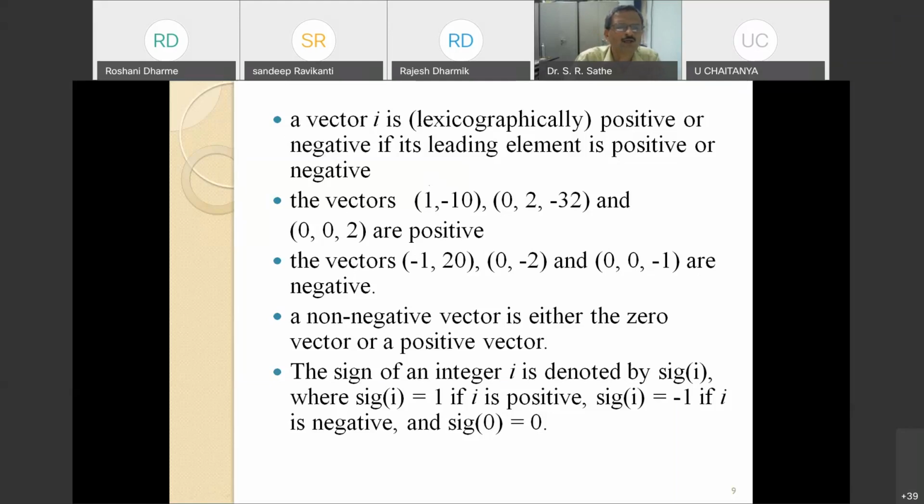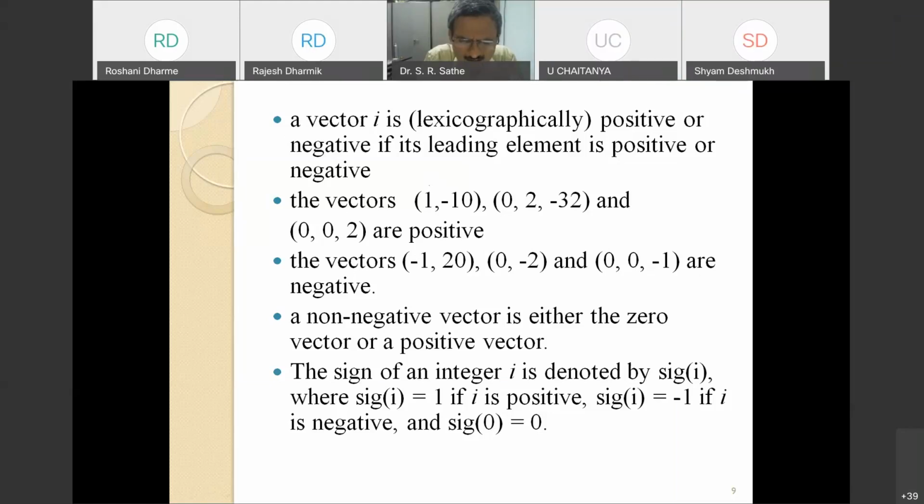Yes, sir. A non-negative, yes, sir. Sorry to disturb you. But regarding the purpose of dependence analysis, I am pretty new to this particular area of distributed or parallel computing. So if you can just elaborate on the purpose of dependence analysis first. Wait, right now I have not even started dependence analysis.